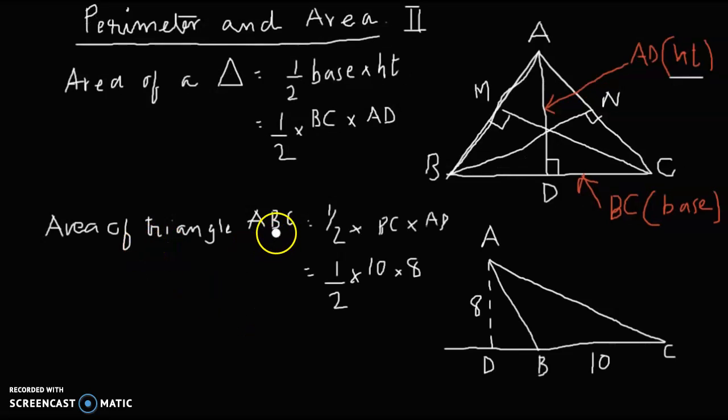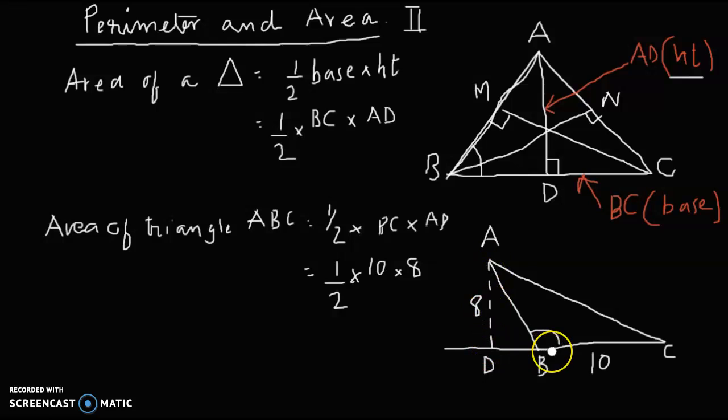Okay, area of triangle ABC given here, where the base is 10 and the altitude or the height is outside the triangle, because this is an obtuse angle. Here we had an acute angle, now it's an obtuse angle.